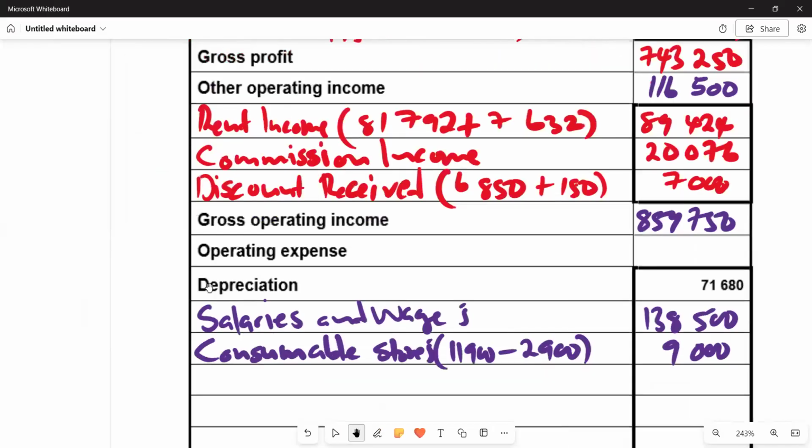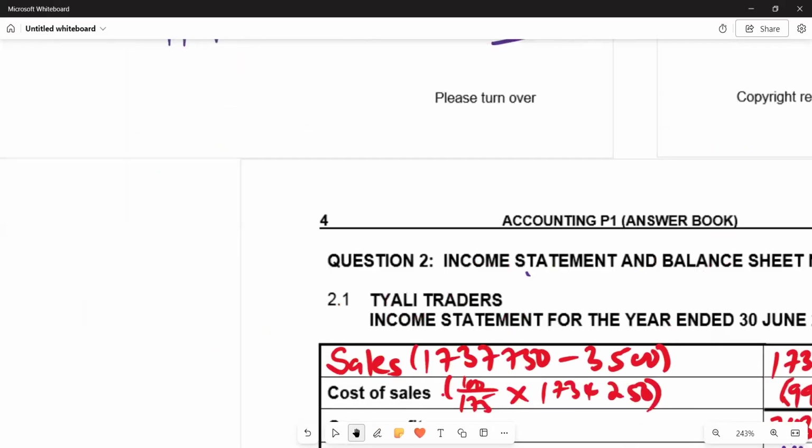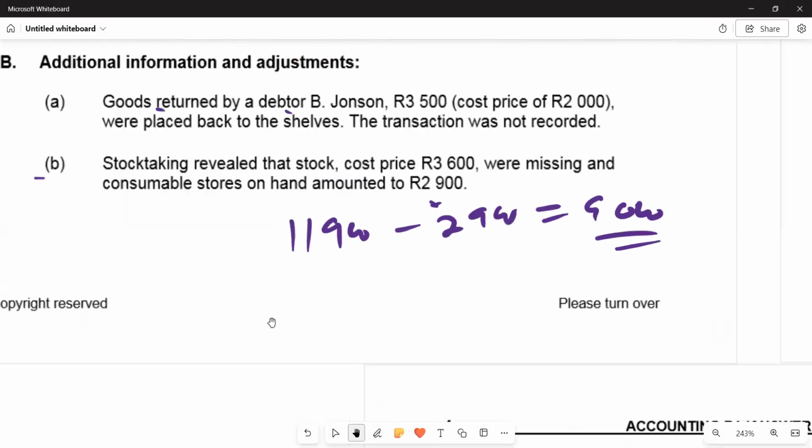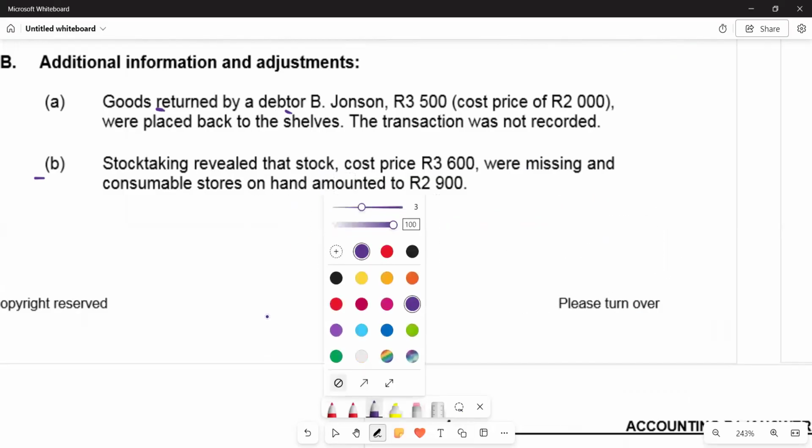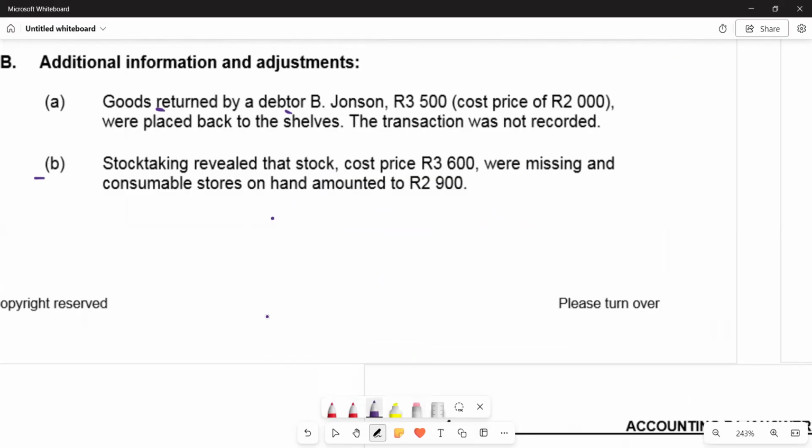But if you go back again, where we have the additional information for consumable stores, you would see that we also have something there that is also going to be part of our cost. If you come here, you would see that they are saying stock taking reviewed, so that stock cost price 6,600 were missing. So this figure represents trading stock deficit. Because they're saying it's missing, it means it's a deficit.